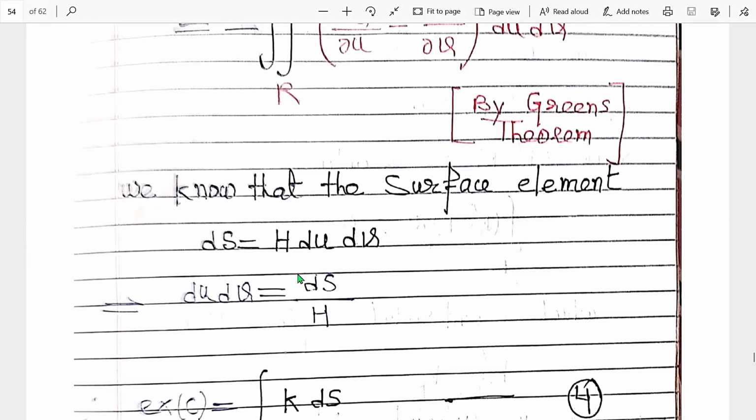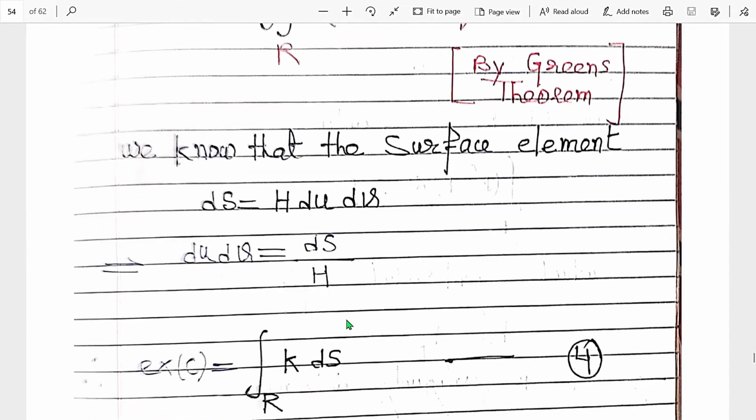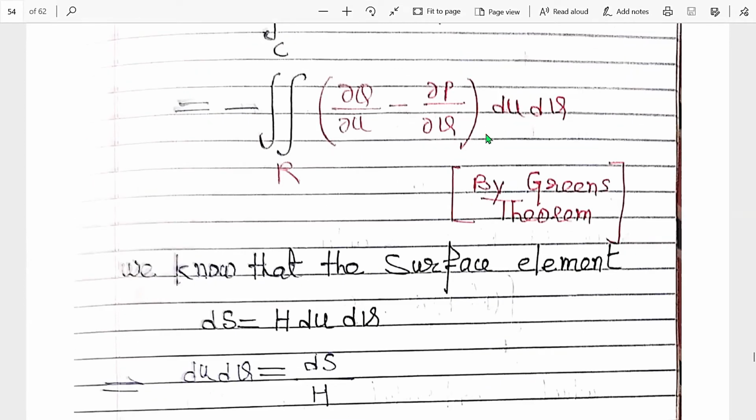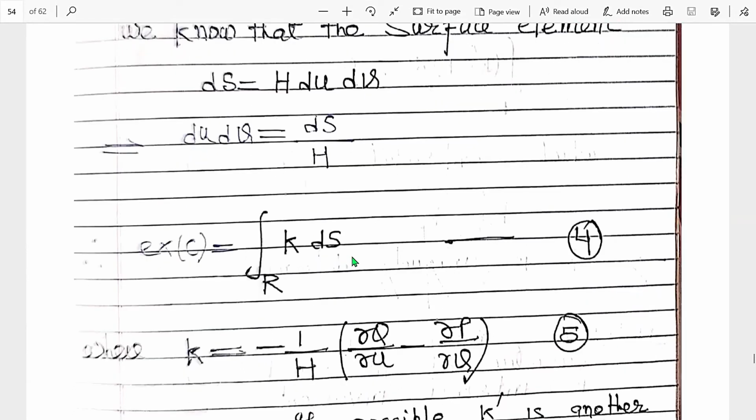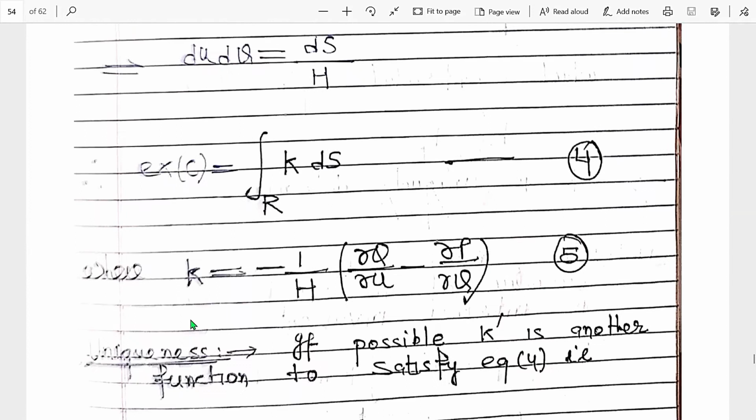From this we can find du dv as ds by H. Here we substitute the value of du dv, which is ds by H. So this can be written as the excess of C, which is equal to the integration over R of K into ds, where K is equal to minus 1 by H times curly Q by curly U minus curly P by curly V. So that is our result for the excess of C.